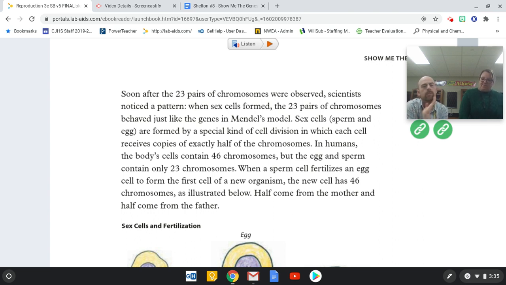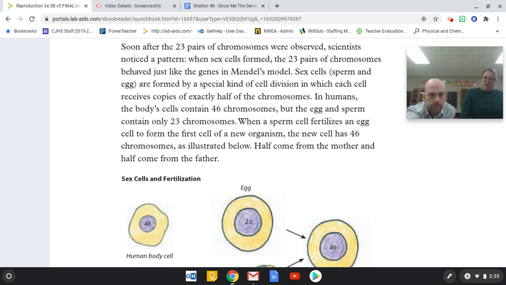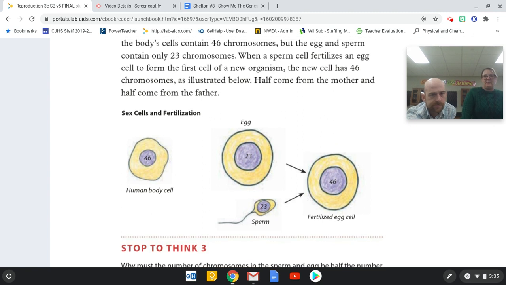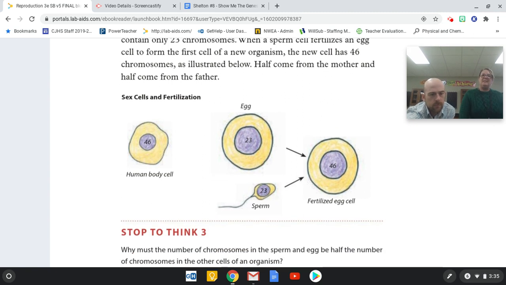When a sperm cell fertilizes an egg cell to form the first cell of a new organism, the new cell has 46 chromosomes as illustrated below. Half come from the mother and half come from the father. So what you're seeing in this diagram here are sex cells and fertilization. So you start with a human body cell. A human body cell has 46 chromosomes, right?